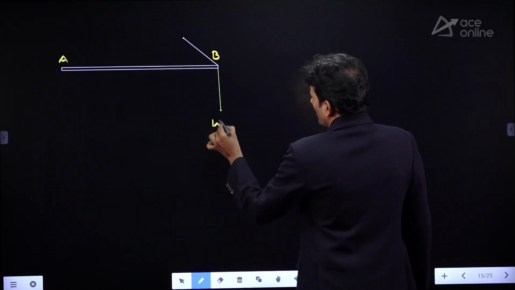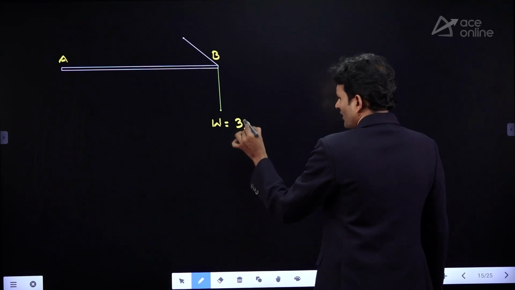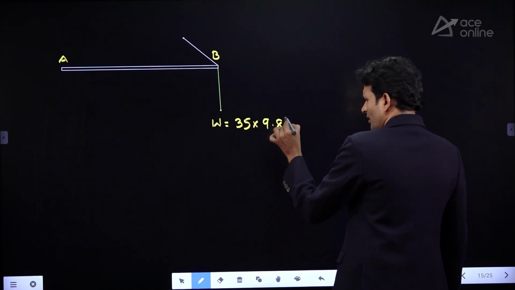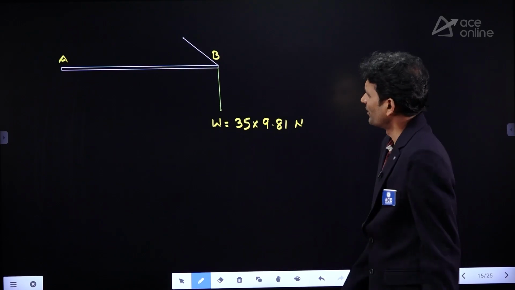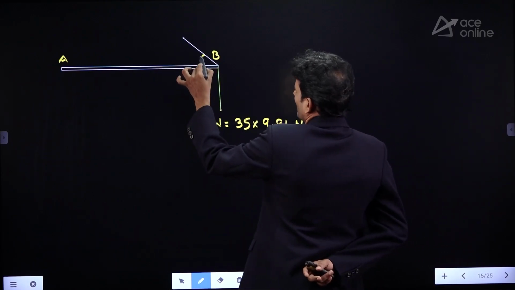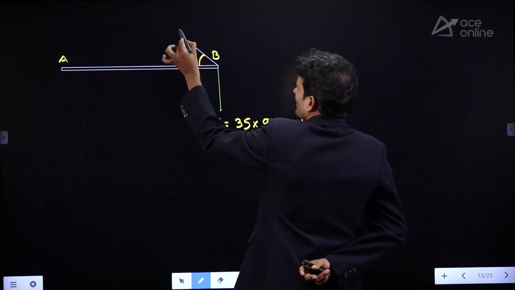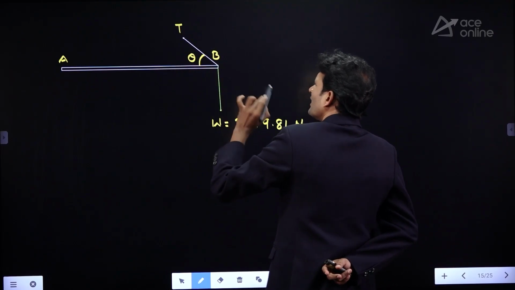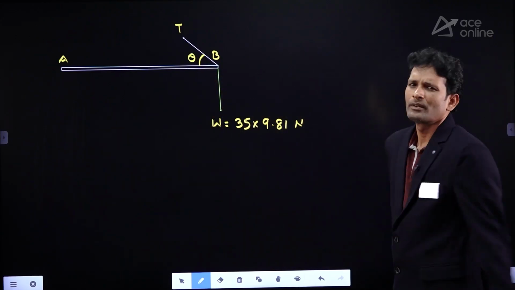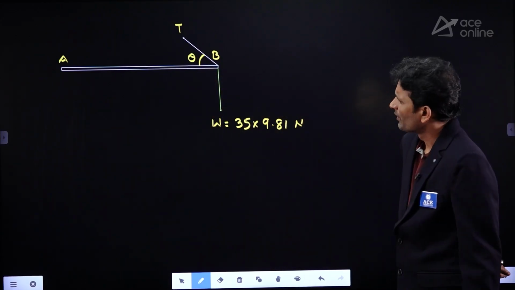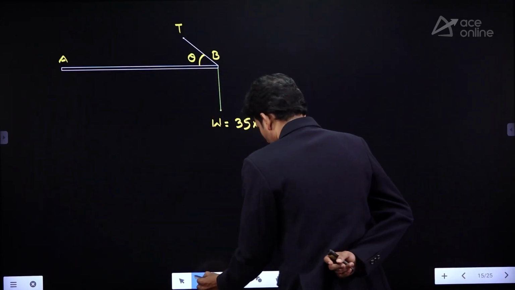W equal to how much? 35 kg into 9.81 newtons. Good. This is the theta we are having. This is the tension we are observing in the cable when it is carrying W mass. Now, let me take here.